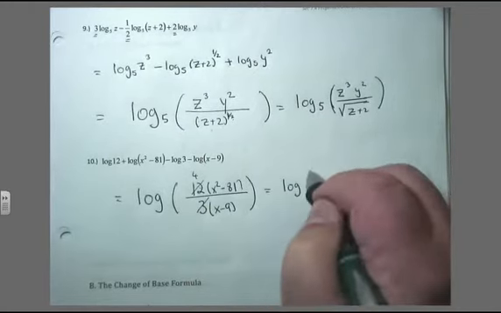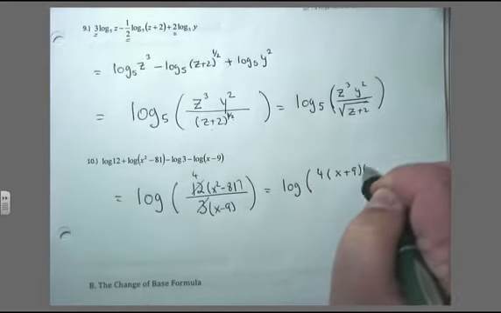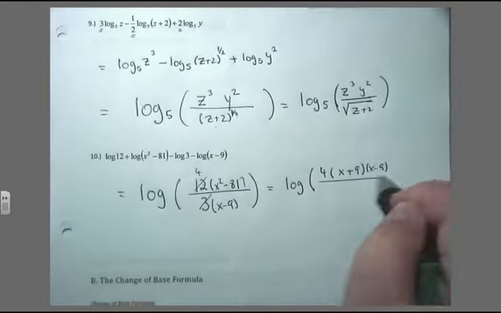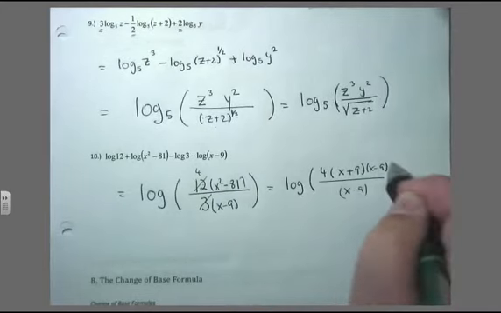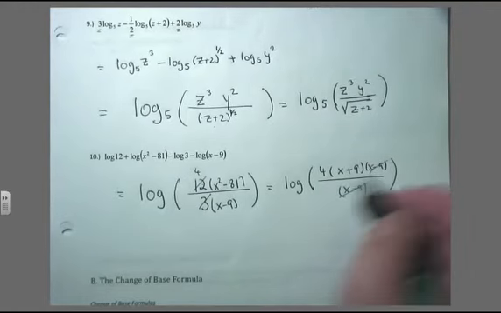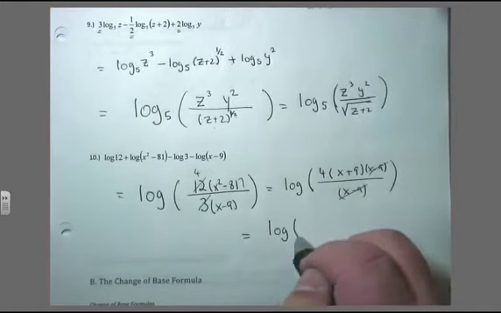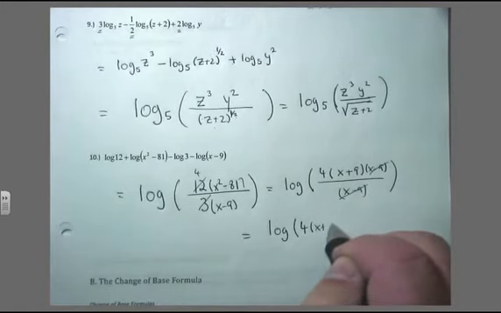So that would be log of 4 times, difference of squares, x plus 9 times x minus 9, divided by x minus 9. So what cleans up? What cancels? X minus 9 is canceled. So you get the solution cleaned up. It'll be log, understood to be base 10, of 4 times x plus 9.